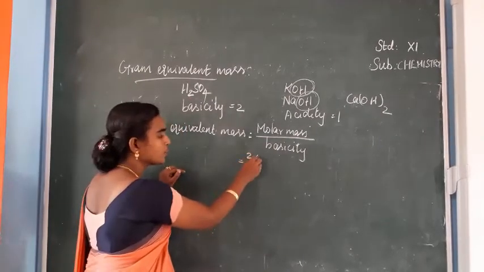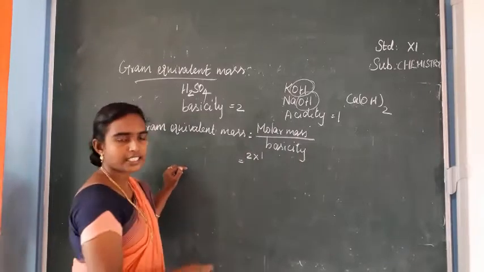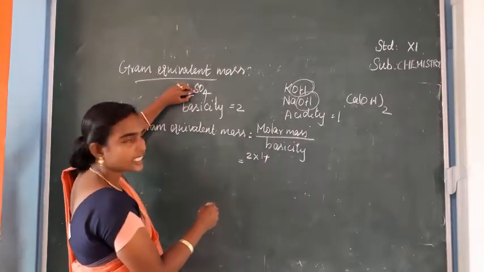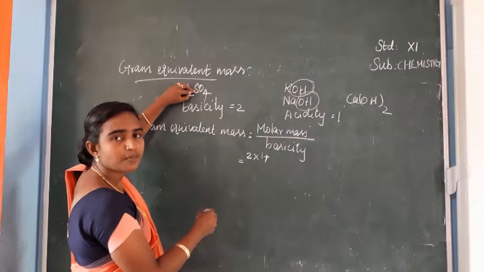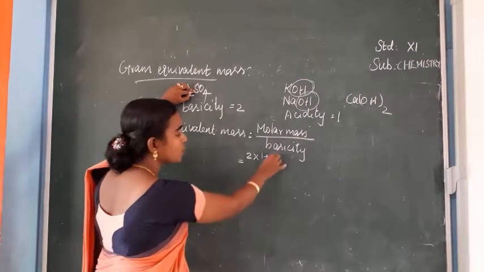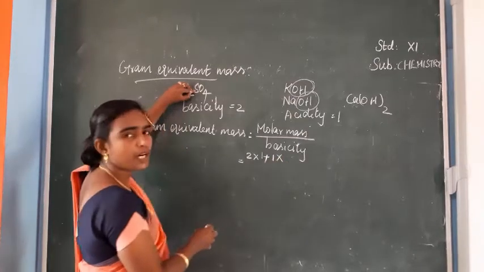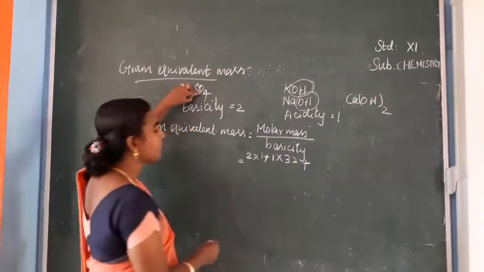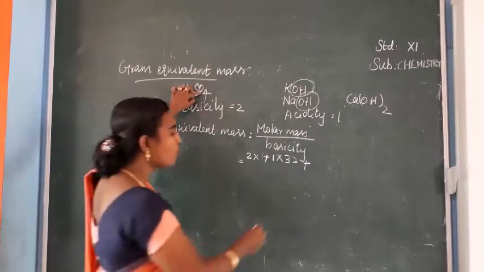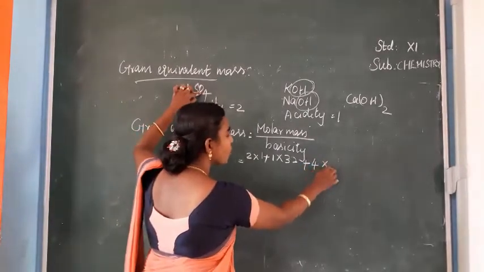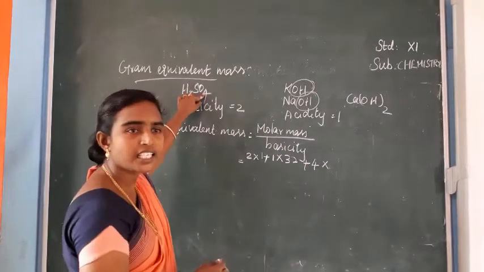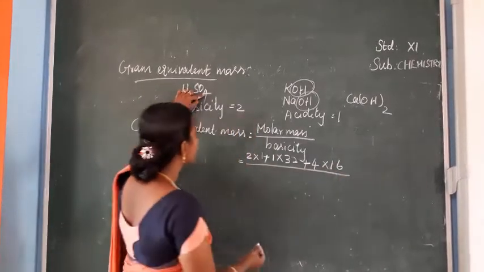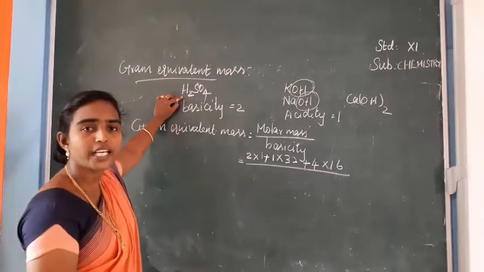So 2 into the atomic mass of hydrogen plus, this we have finished. Next, sulfur: how many sulfur atoms are there? 1 sulfur atom, so 1 into the atomic mass of sulfur, that is 32, plus how many oxygen atoms are there? 4 oxygen atoms, so 4 into the atomic mass of oxygen, 16, divided by the basicity of sulfuric acid, which is 2.